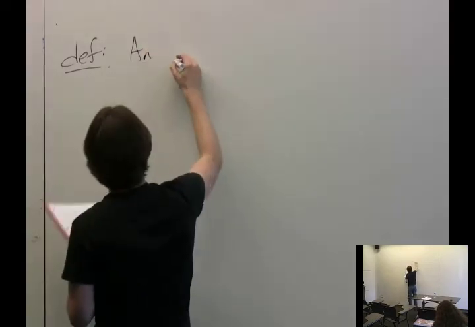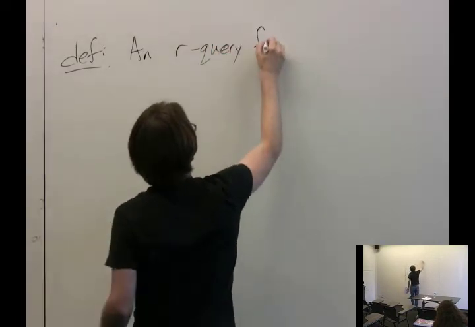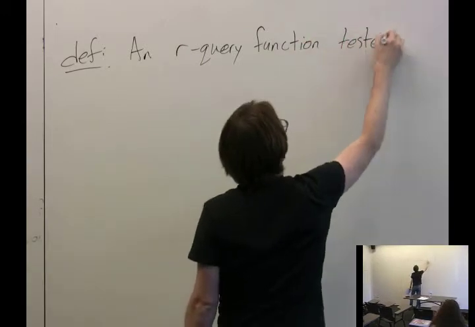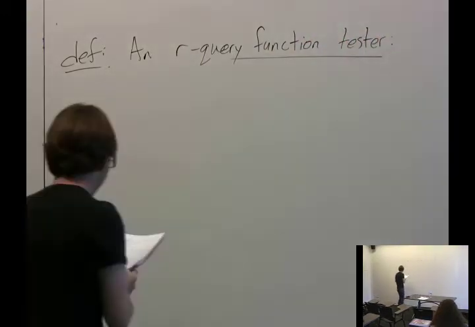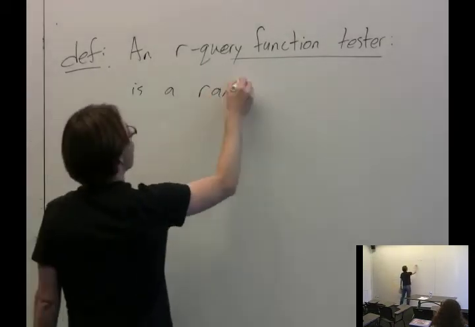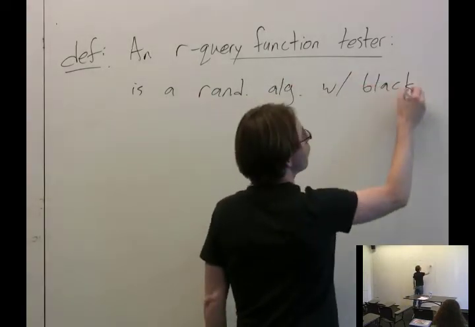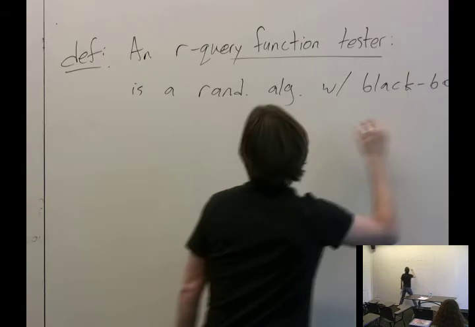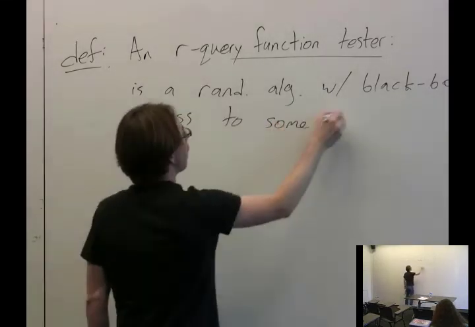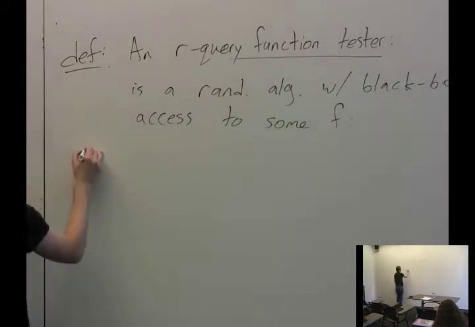We'll say an r-query function tester is a randomized algorithm with black box access to some function f, and it acts as follows.